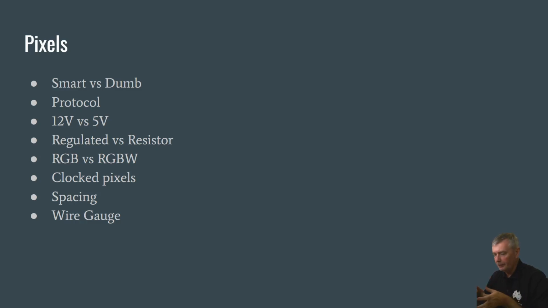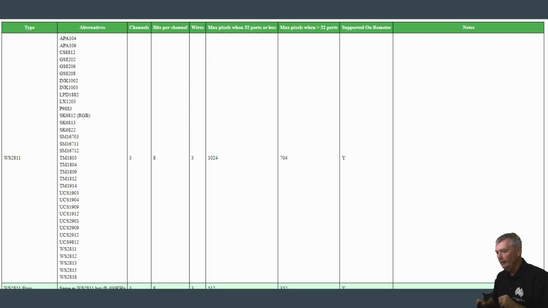Pixel protocol is definitely something that you want to consider. The vast majority of people use pixels based on the WS2811 protocol, and this is a page that actually comes from the Falcon controller. The reality is there's actually a huge number of different types of pixels out there which all talk the same WS2811 protocol.